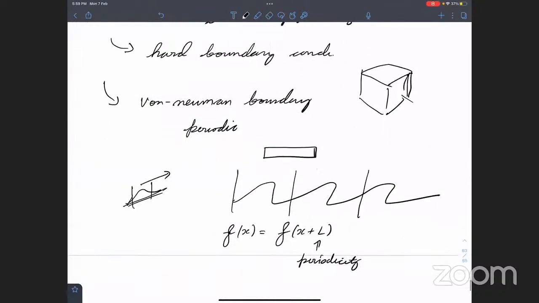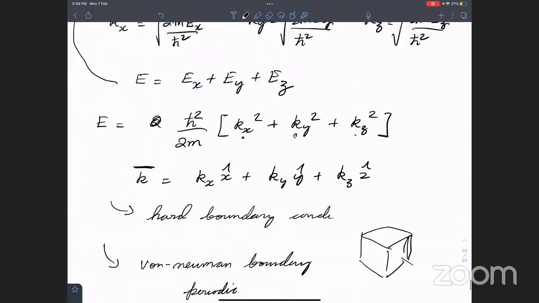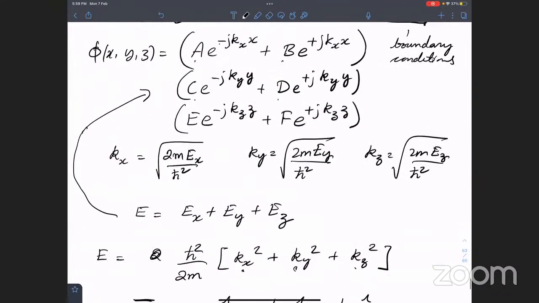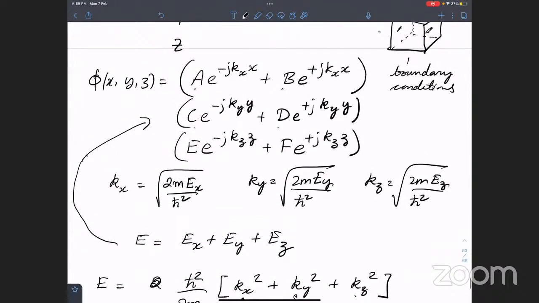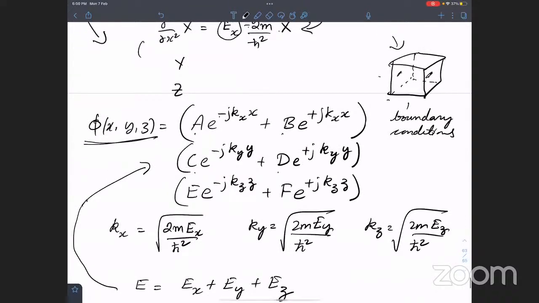So what we're going to do now is impose periodic boundary conditions on this particular wave function. We imagine a box, and the size of the box is L. I'm going to make it the same in all three dimensions: L in X, L in Y, L in Z. So a box of volume L cubed.